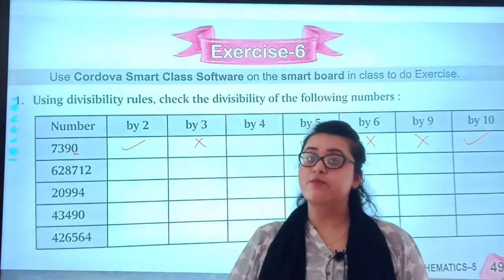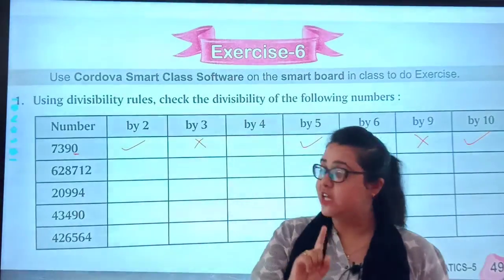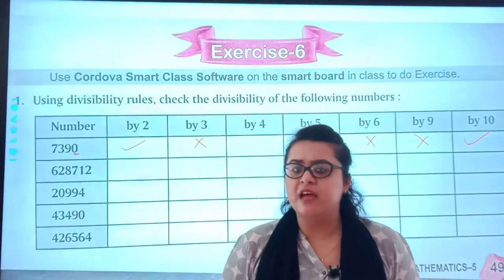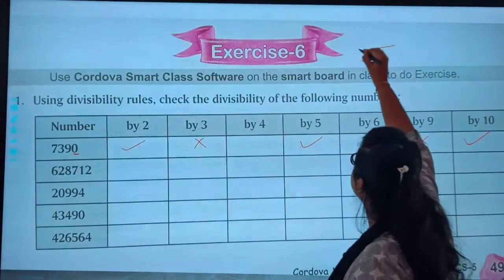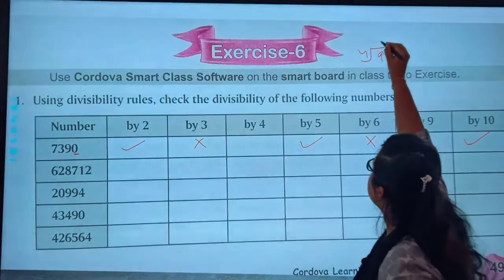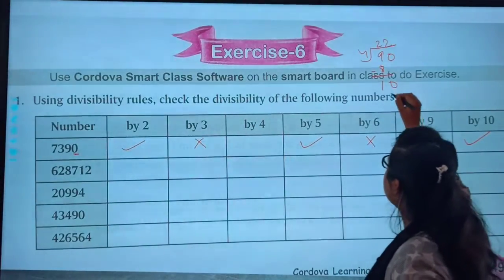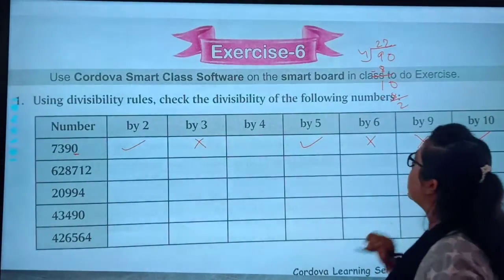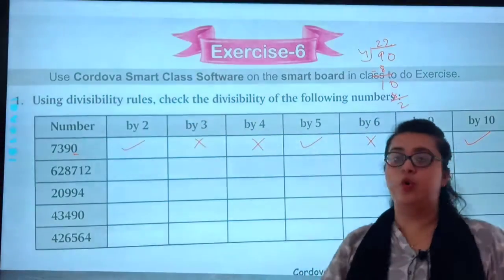What did I have to do in 4? I had to look at the last 2 digits and check whether the last 2 digits go in 4. What are the digits? 90. Does 90 go in 4? No. If you wish you can divide it also. 4 2s are 8, 1 0. 4 2s are 8, 2. My remainder is 2. So 4 also says no.